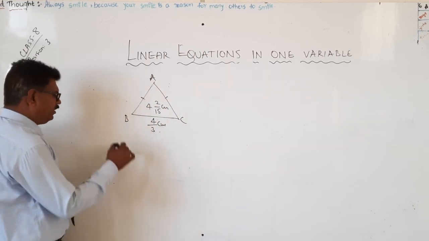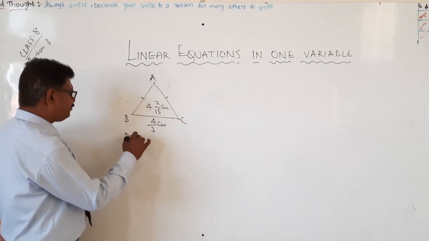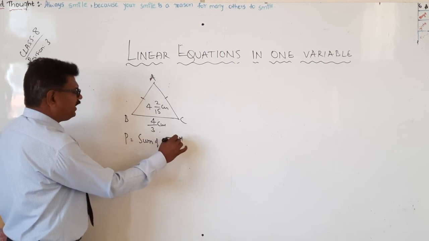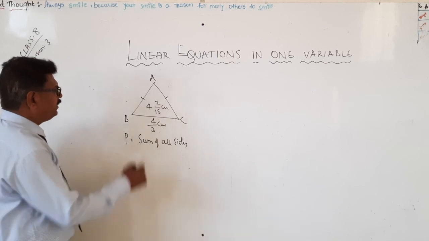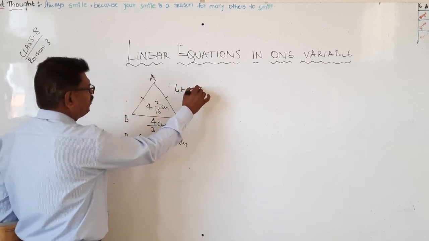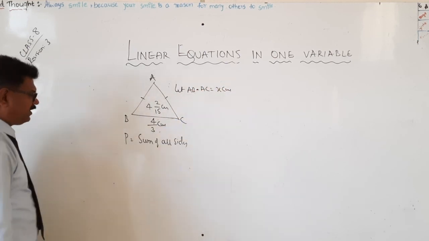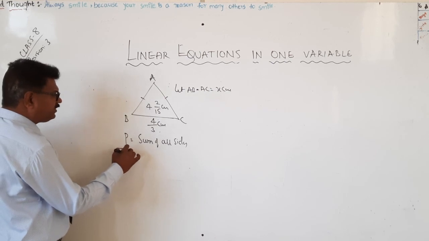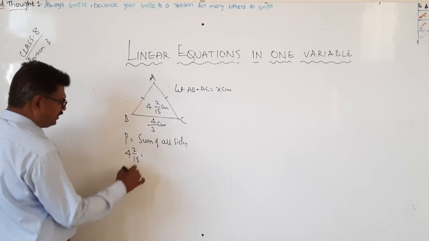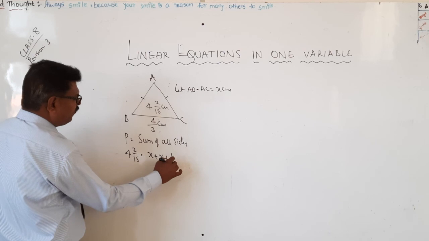So very simple. Perimeter of a triangle is the sum of all sides. So these two sides are equal. Let AB equal to AC equal to x centimeters. Then perimeter is 4 2 by 15 centimeters equal to x plus x plus 4 by 3.